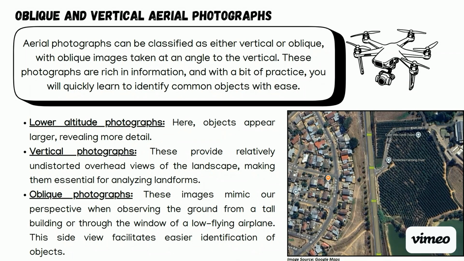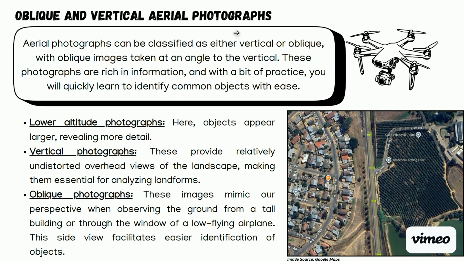So aerial photographs can be classified as either vertical or oblique, with oblique images taken at an angle to the vertical. So these photographs are rich in information, and with a bit of practice you will quickly learn to identify common objects with ease. So you get lower altitude photographs, so here objects appear larger, revealing more detail. So it's taken at a closer altitude from the ground.